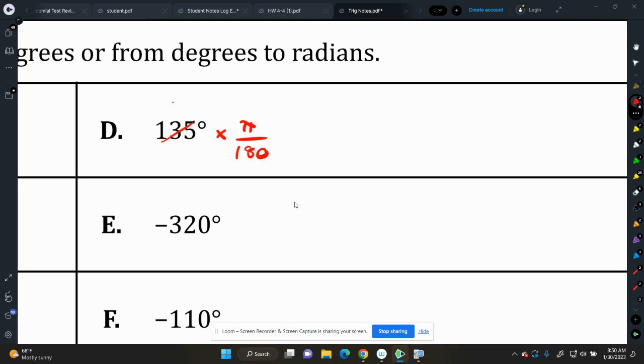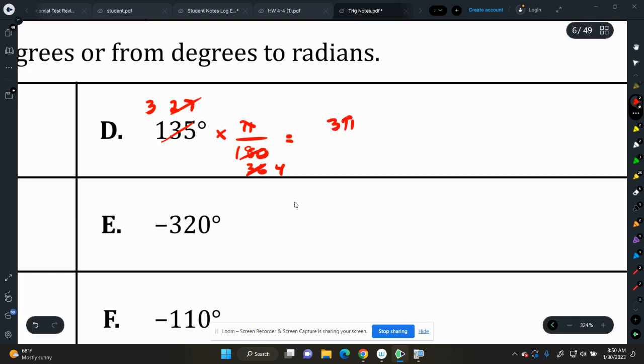Okay, so that's going to go 2 times 27, right? And this will be 36. If it was 10, it would be 18. Since it's 5, it's 36. Okay, so now I can reduce again. 9 goes into 27 3 times. 9 goes into 36 4 times. Okay, so we have 3 pi over 4.